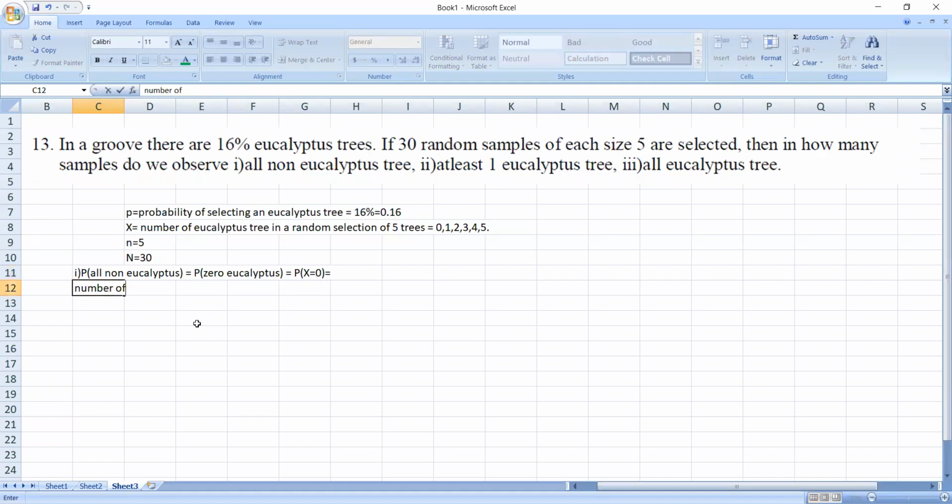Therefore, number of samples equals N into P of X is equal to 0. Probability 0.4182. Okay.